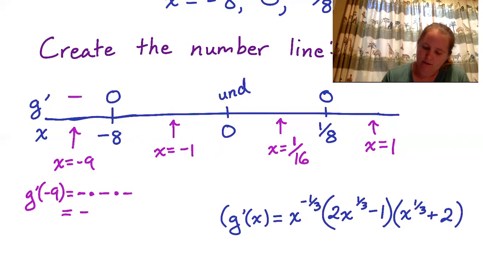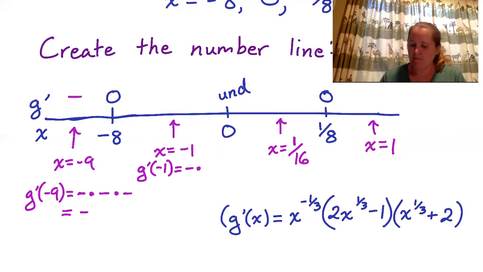For this one, g prime of -1, again, raising that to the -1/3 power, we'll still have a negative. And then doing 2 times -1 to the 1/3 power and then subtracting, we will still have a negative. And then raising to the 1/3 power, we just have -1, adding 2, we wind up with positive.